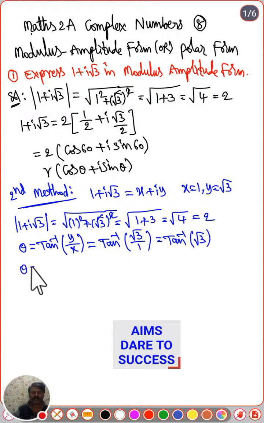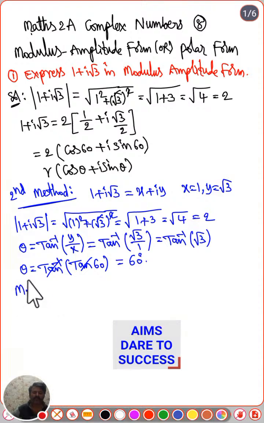So theta is equal to tan inverse. In terms of tan, root 3 value is tan 60. So tan inverse and tan cancel, theta is equal to 60 degrees. Same concept. Okay, my dears, here theta is equal to 60 degrees.